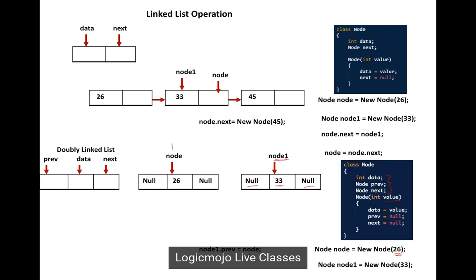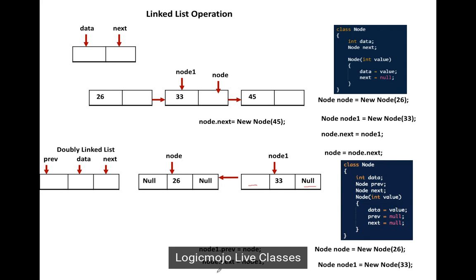Let's say we execute this instruction, that is node1 dot previous equal to node. So if you see here, the node 1 previous is null, node 1 next is also null. Now we execute node 1 dot previous equal to node. So node 1 dot previous will start pointing to this node where node is right now pointing.